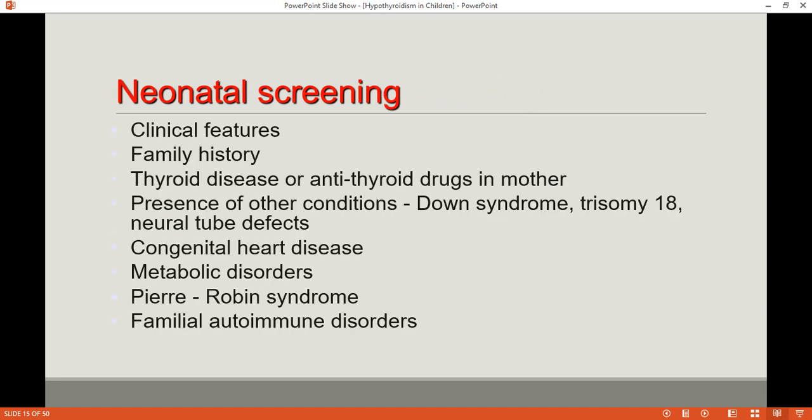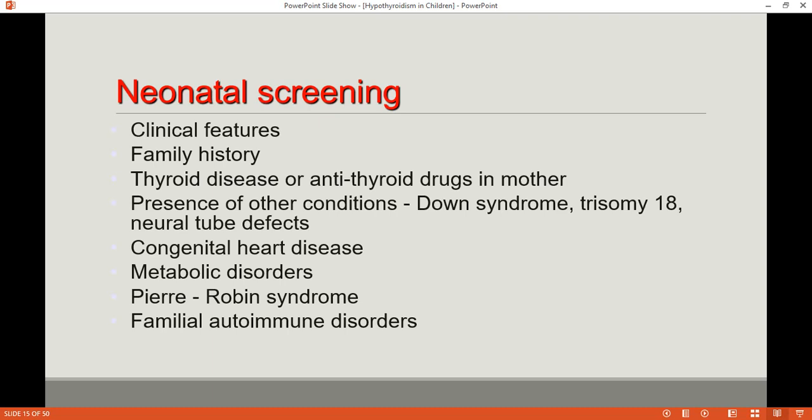When should neonatal screening be done? Ideally, every baby should have neonatal screening after delivery on days 3 to 4. But also when you find clinical features, a family history of hypothyroidism or thyroid disease, anti-thyroid drugs taken by the mother, or other conditions like Down syndrome, as I already said, trisomy 21, and neural tube defect.